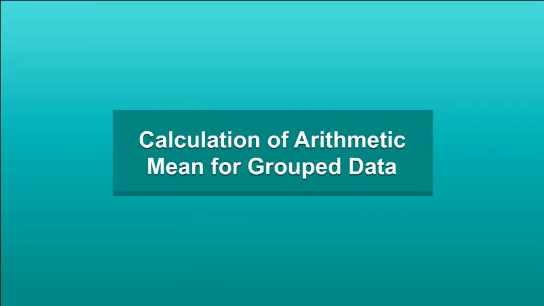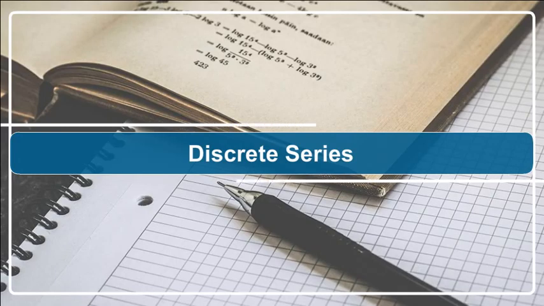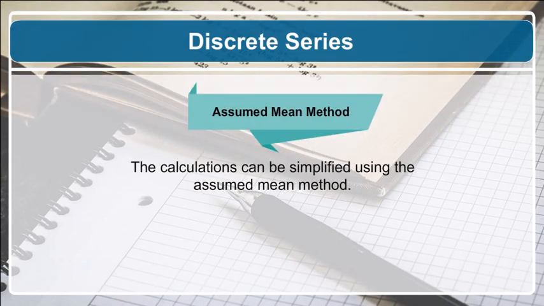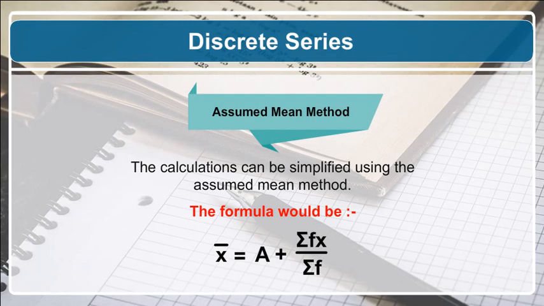Calculation of arithmetic mean for grouped data. Discrete series. Assumed mean method. The calculations can be simplified using the assumed mean method. The formula would be x bar equals A plus summation fd upon summation f.